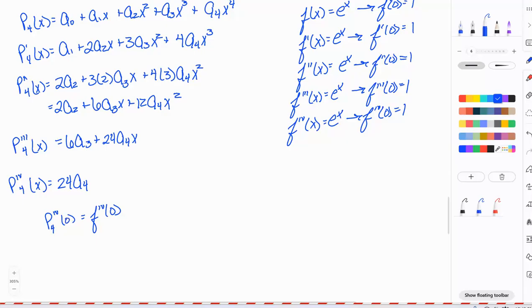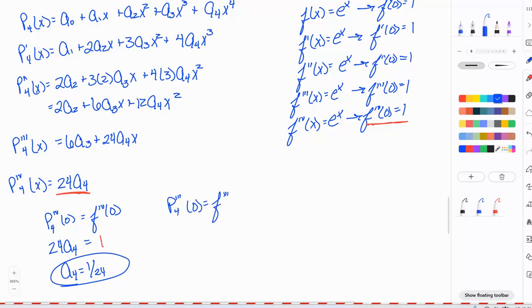So that fourth derivative had a value of 24a sub 4. And we know that that value was equal to 1. So a sub 4 has to equal 1 over 24. The value of the third derivative of that fourth degree polynomial has to equal the actual value of the transcendental function at 0.